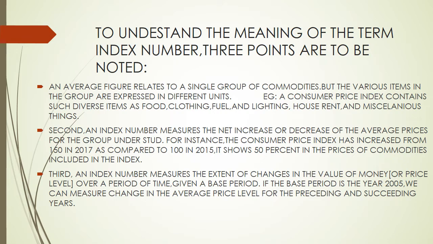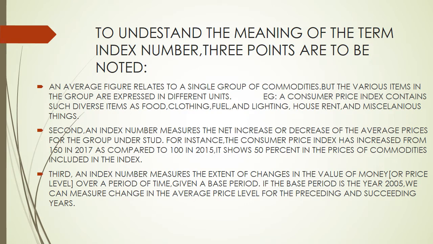So 30 rupees is the increase, which is the change we find in the price index. Here they gave an example of 150 in 2017 as compared to 100 in 2015, so 50% has increased. Like this, index numbers help us to find the comparisons between two prices of the same commodities in two periods.